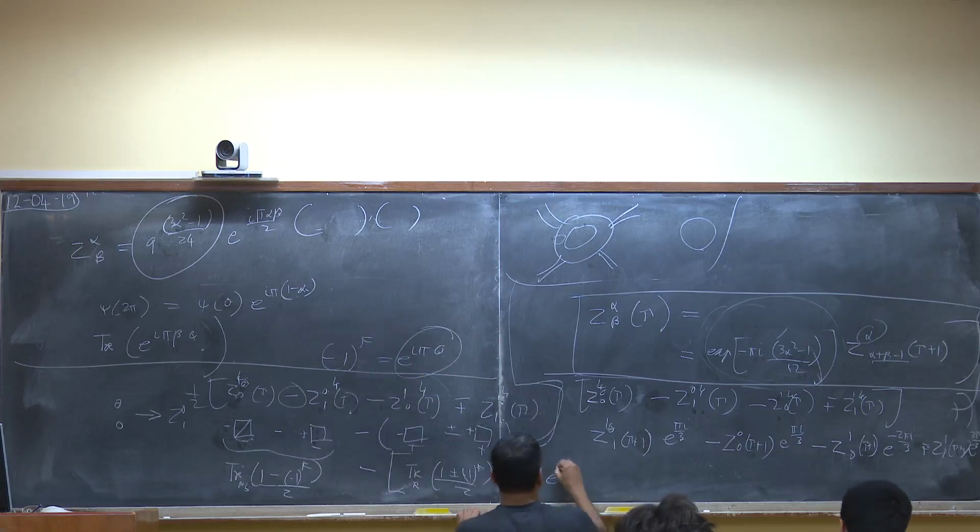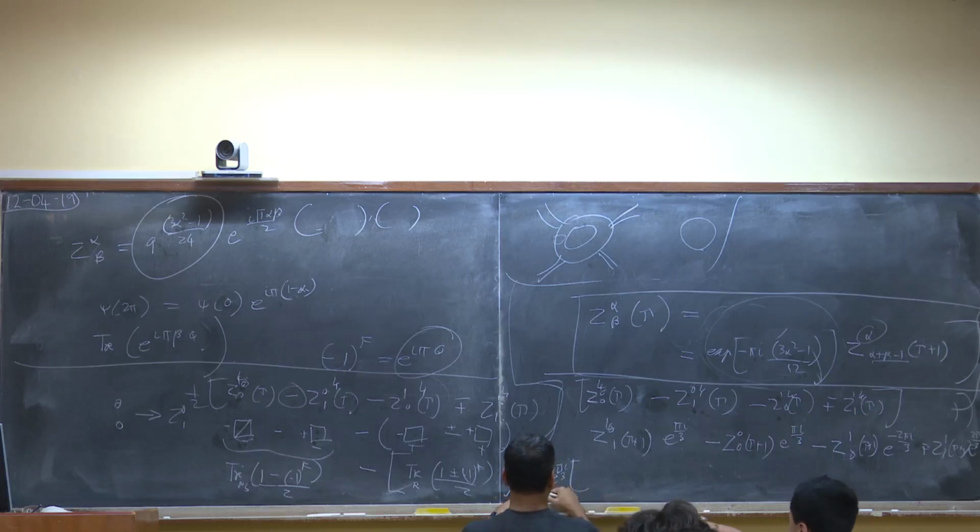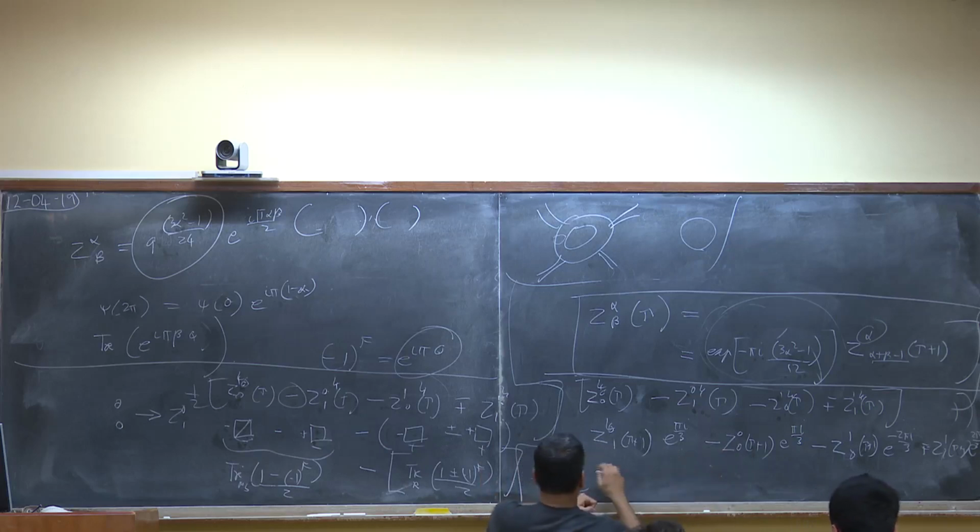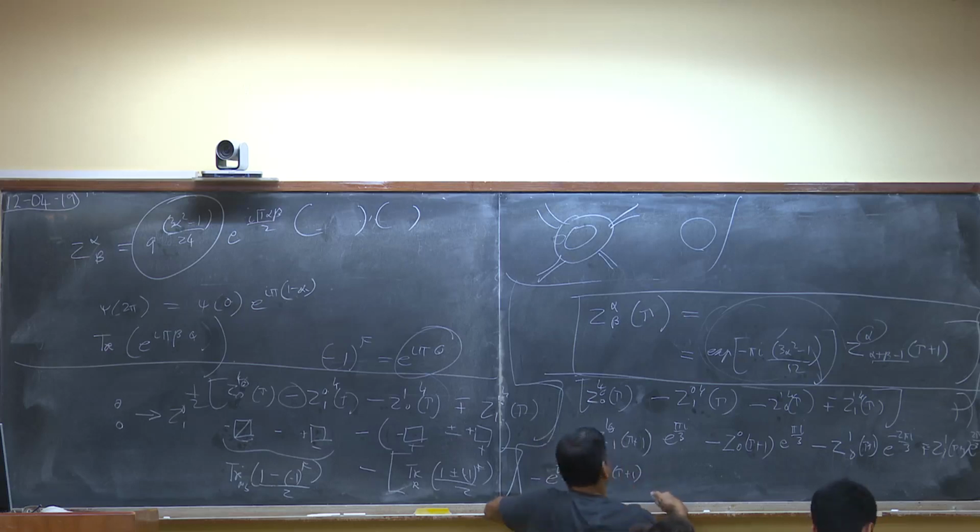So this is e to the power pi i by 3. Let's take minus pi i by 3 out, because that will match with what's inside. No, I mean minus before the exponential. Okay, excellent. So then we get Z00 of tau plus 1 minus Z01 of tau plus 1.